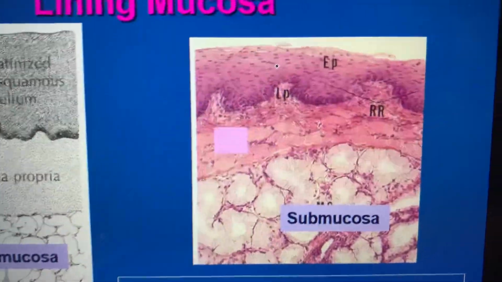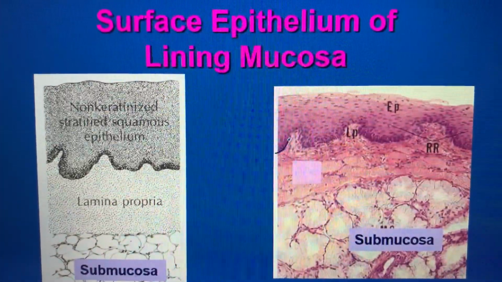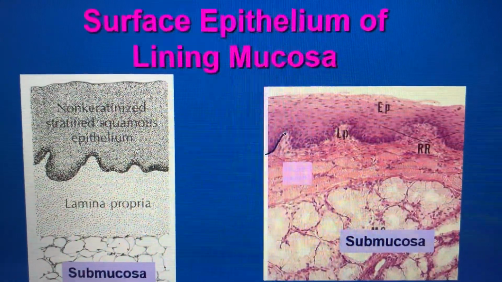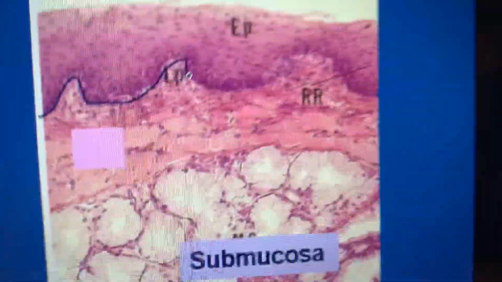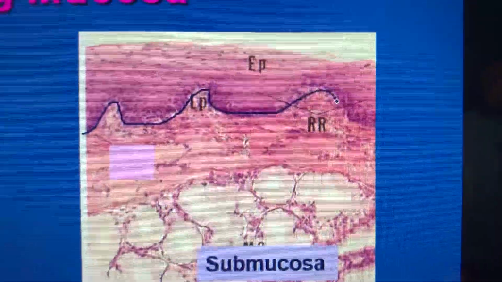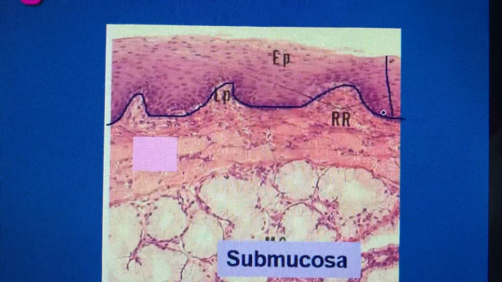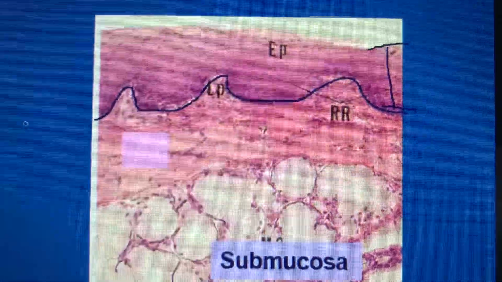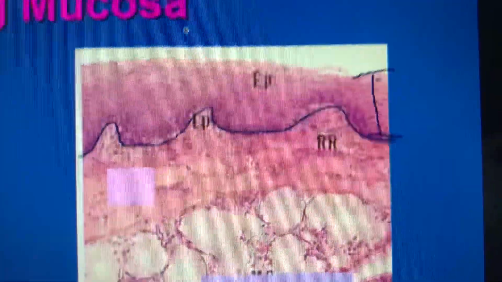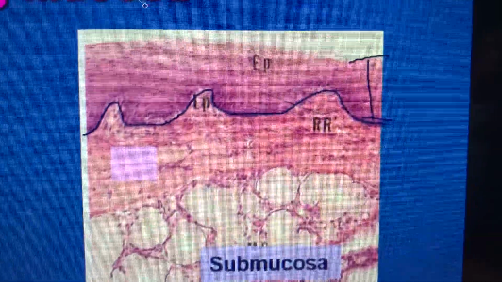Okay, then let's look at picture C on your lab sheets. If we outline the basement membrane here, and then state its overall thickness, this type of epithelium is representative of lining mucosa.